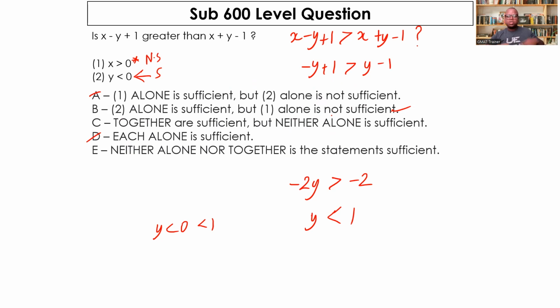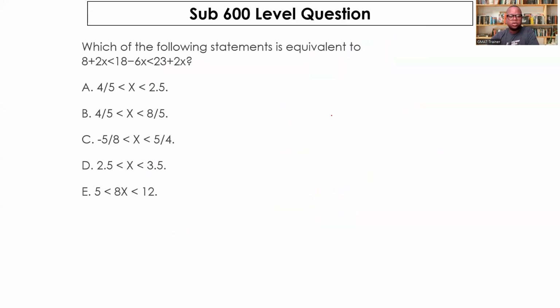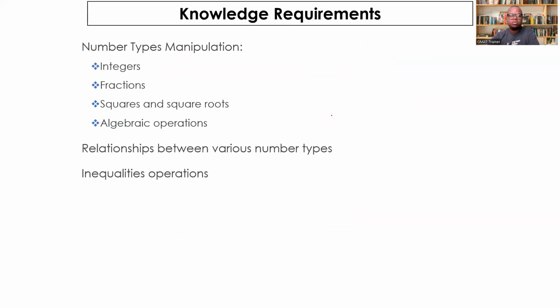As we talked about at the very beginning, know how to manipulate number types, fractions, squares and square roots, and the algebraic operations that may be involved, and how these relate, and you can comfortably answer any question thrown at you on inequalities. So do more practice, look out for these aspects, and you will improve your performance over time.